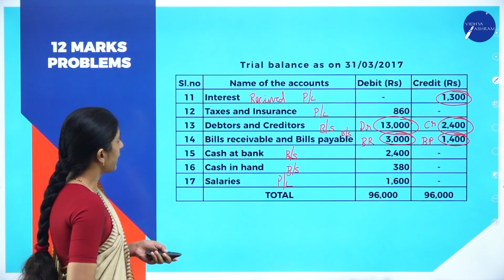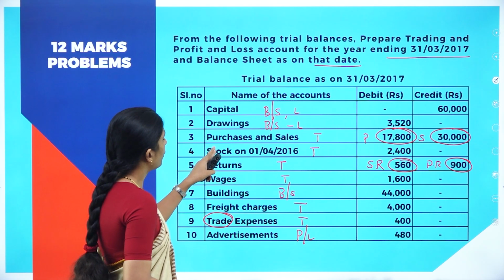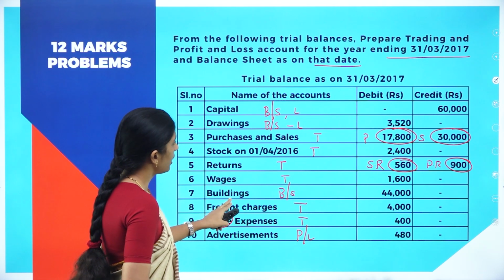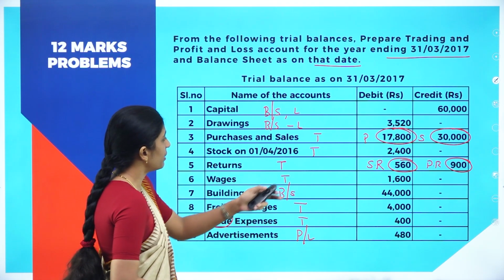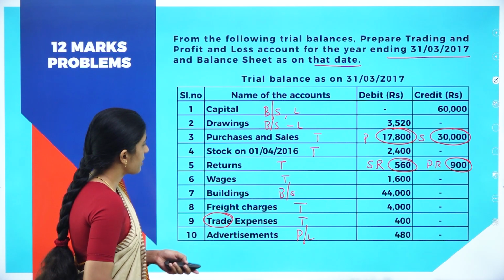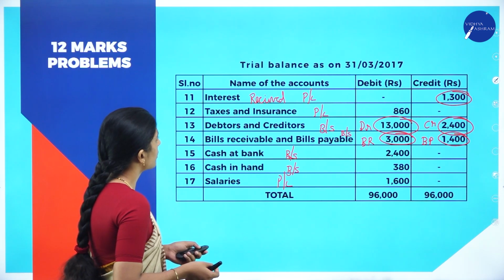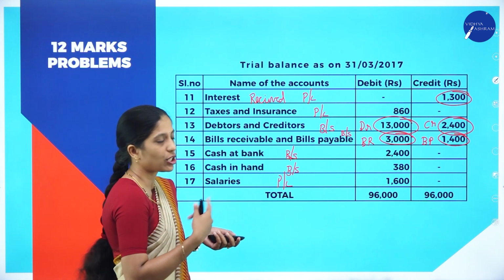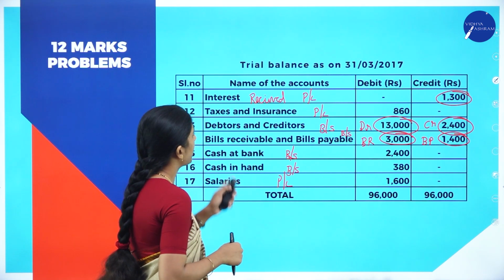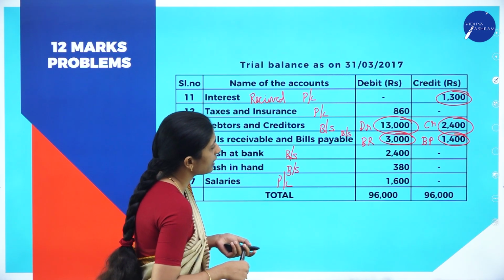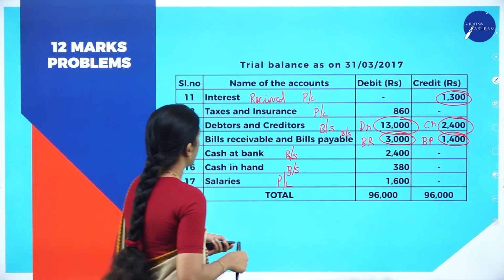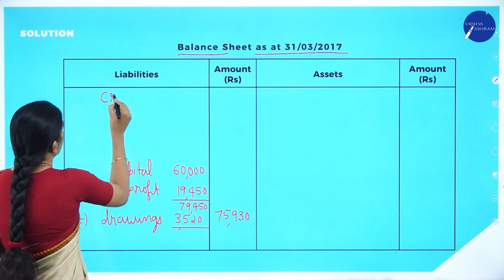Now we shall go through the next account. So purchases and sales is our trading account. So we'll start with the building. Building 44,000. Let us see whether we have any other current assets. So current assets, yeah, we have debtors and creditors. We shall record that first, then we shall come here. Debtors 13,000 and creditors is 2,400.